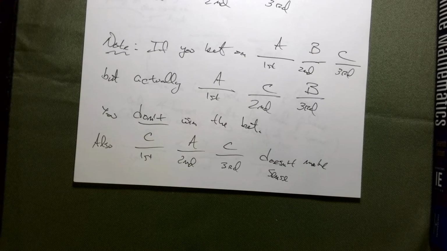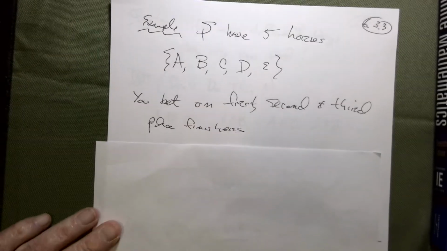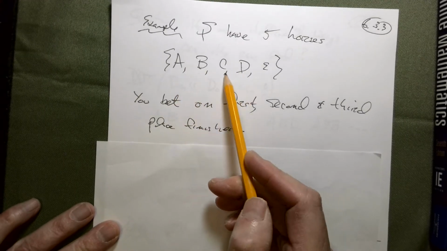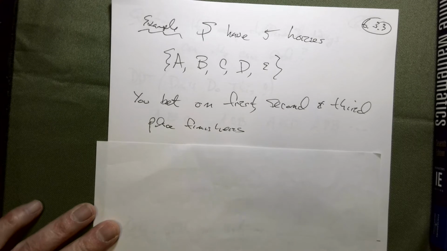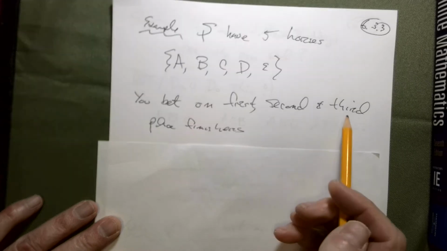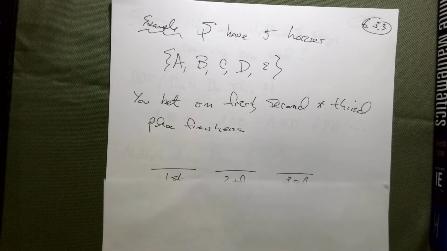Let's go back to our horse racing problem. We have 5 horses: Alice, Bob, Cindy, Dave, Ed. And you're making a bet based on first place, second place, third place for your horses.